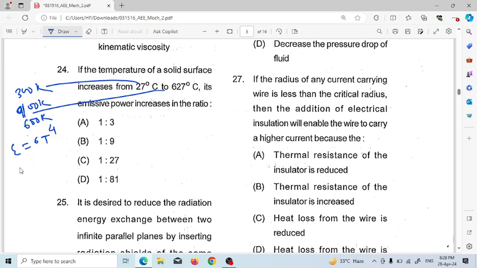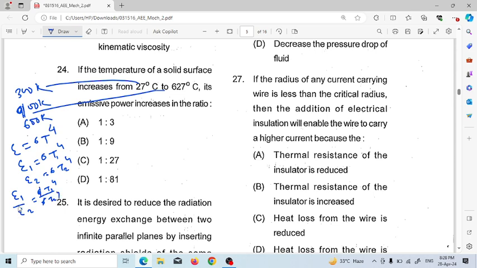So epsilon 1 is equal to sigma T1 power 4 and epsilon 2 is equal to sigma T2 power 4. So epsilon 1 by epsilon 2 is equal to sigma T1 power 4 divided by sigma T2 power 4.